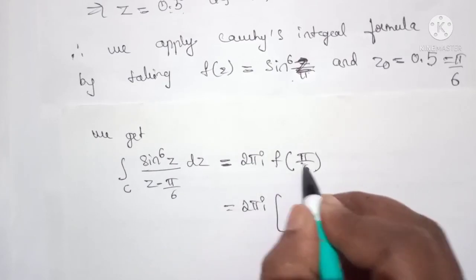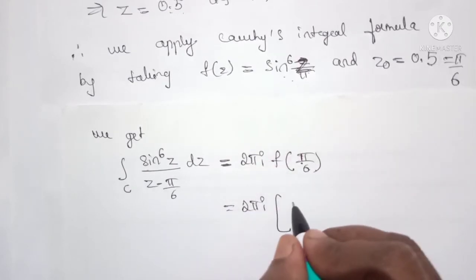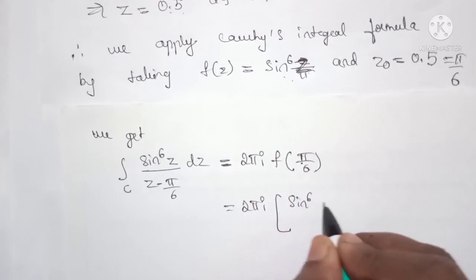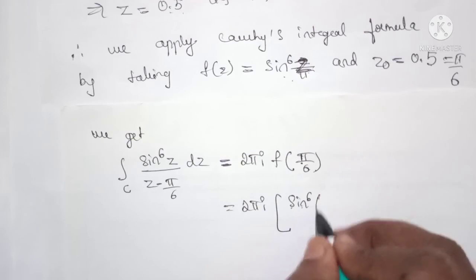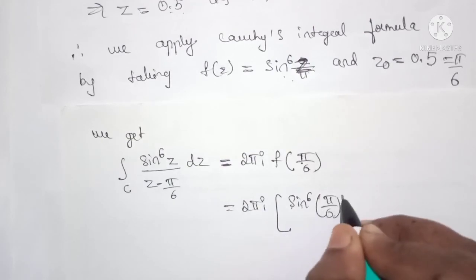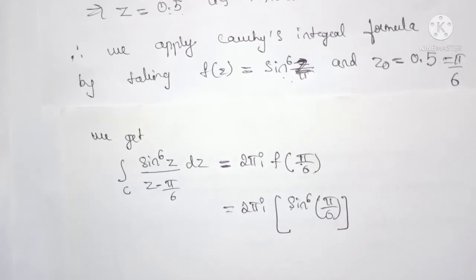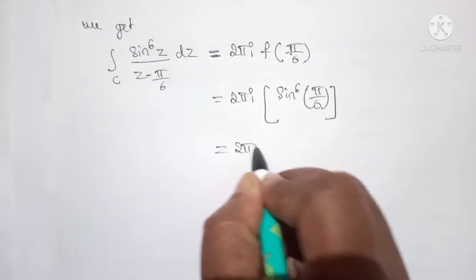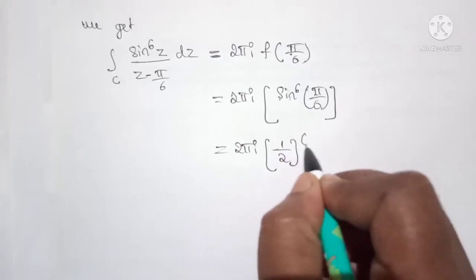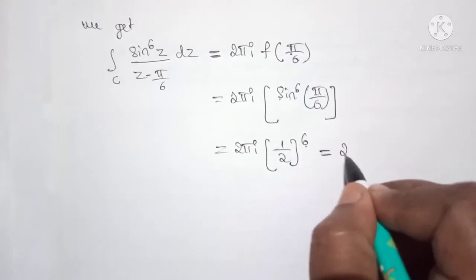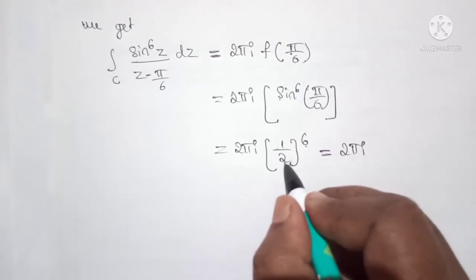So substituting z equals to pi by 6 in this sine power 6, sine power 6 of pi by 6, we get 2 pi I, sine pi by 6 equals to 1 by 2, power 6, which is equals to 2 pi I times 1 by 2 power 6.